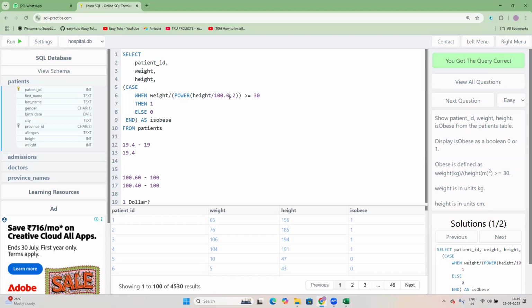Understood? Yeah. This concept is clear, Jay. But in our database, if you look at the height column in the patient's table, everything is in whole numbers only. There is no decimal. Doesn't matter. See, we are dividing weight by height. And regardless of what our data is, this is something we call in the concept of data analysis as outlier.